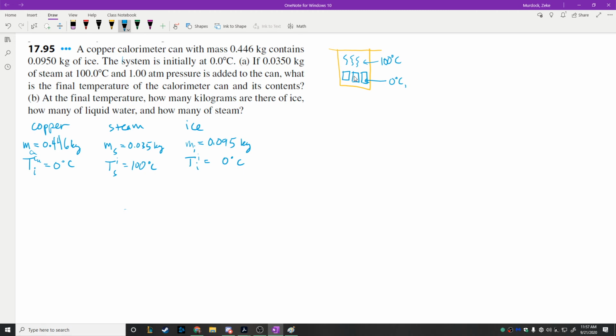Probably not all ice, right? Like that's unreasonable, right? Is there a possibility that you have ice, liquid water, and steam? That's not possible, right? It's either going to be ice plus water, only water, or water plus steam, right? Those are our 3 possibilities, right?